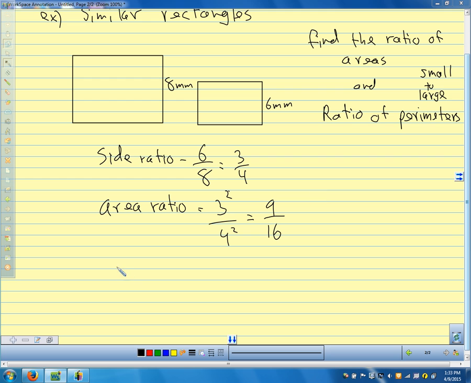The perimeter ratio. Is perimeter a length? We measure perimeter with a ruler. Yeah? That's how we measure perimeter, right? Perimeter is a length. Well, any length ratio between these two is going to be the same, so it has to be the same as the side ratio.